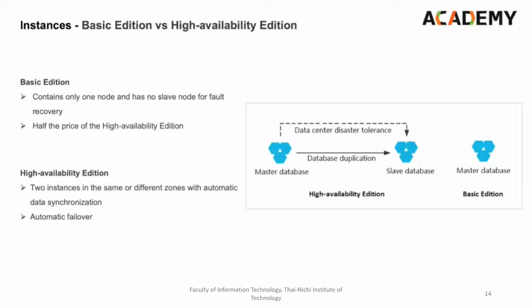The master and slave nodes in the high availability edition, if both the nodes are in the same zone, will have a higher availability, and this availability will increase furthermore when these nodes are present in different zones.